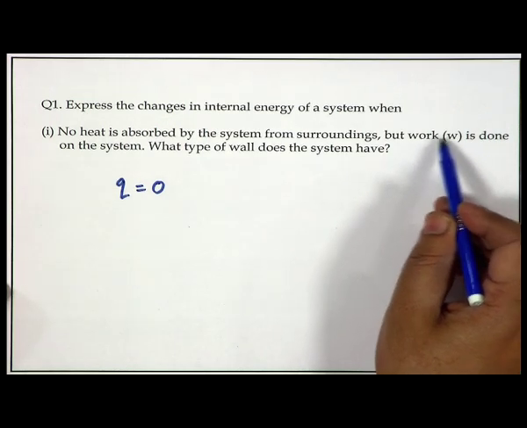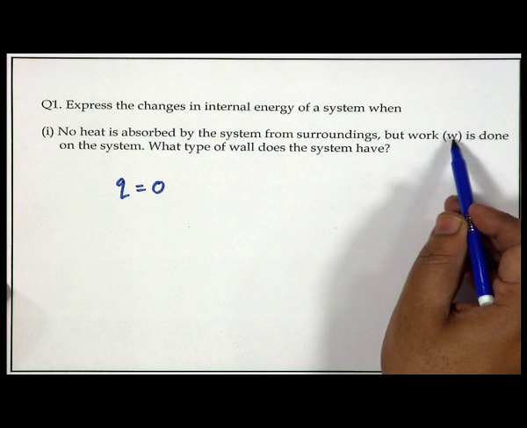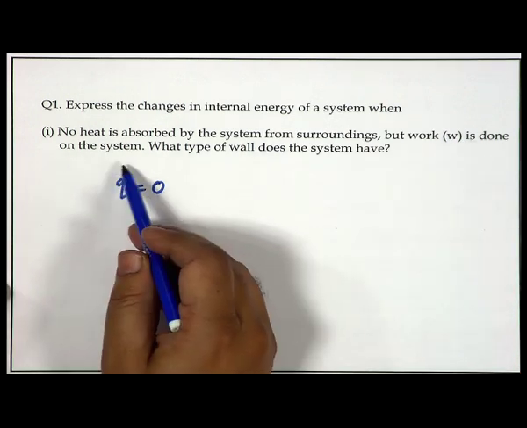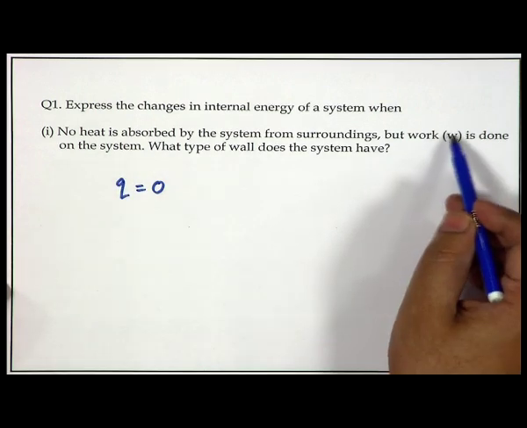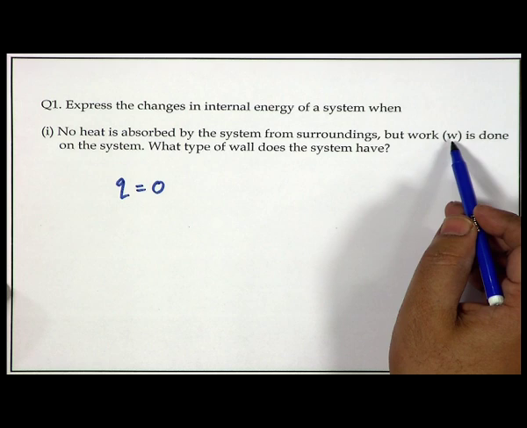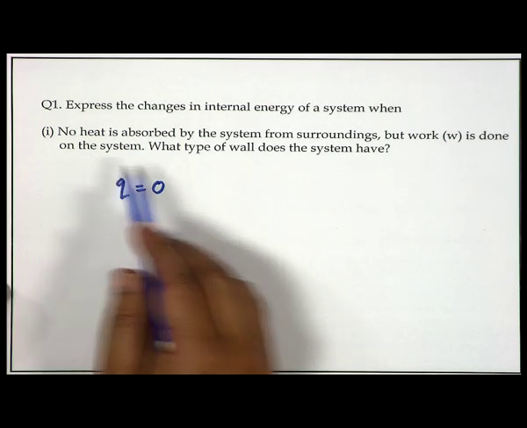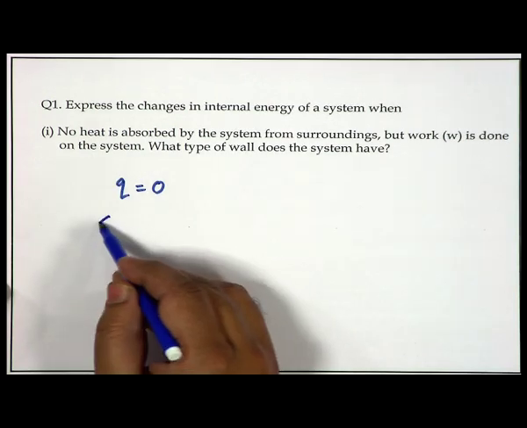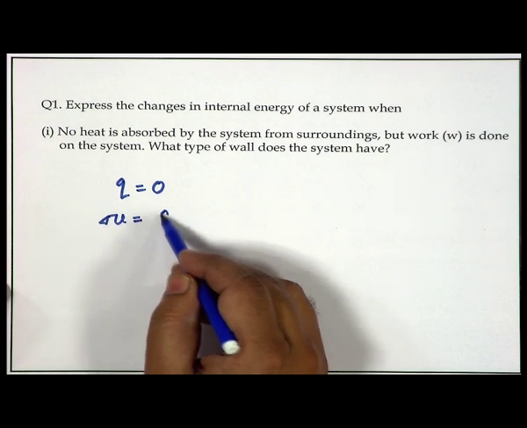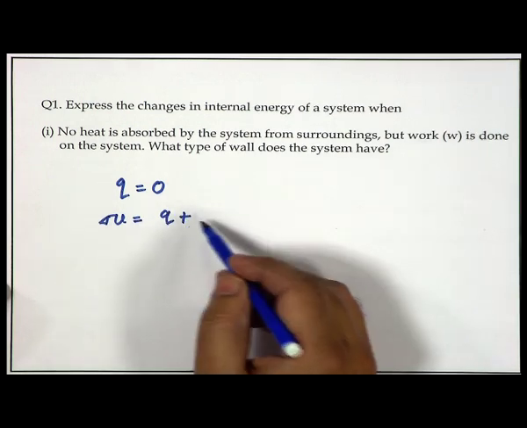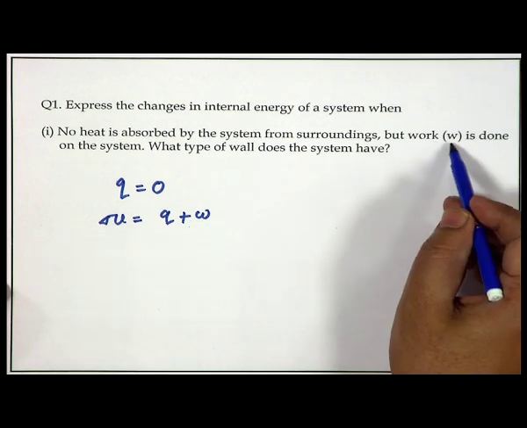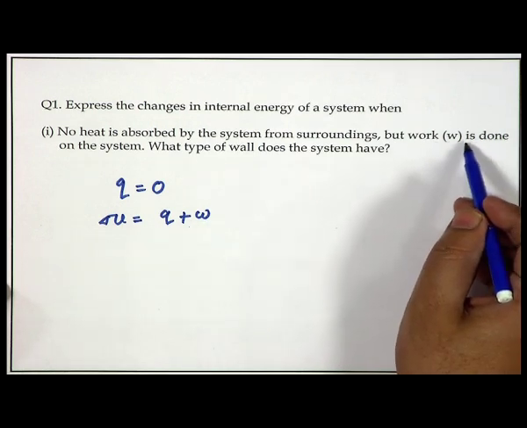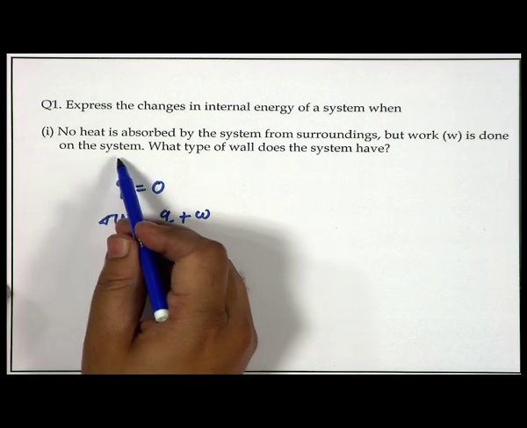W is the magnitude of work done on the system. That means the system gains this W amount of energy. So, ΔU in this case would be Q + W from the first law, and in this case W is positive because work is done on the system.